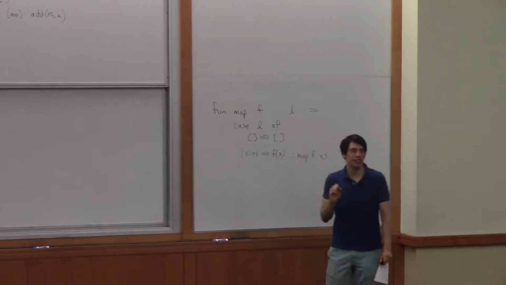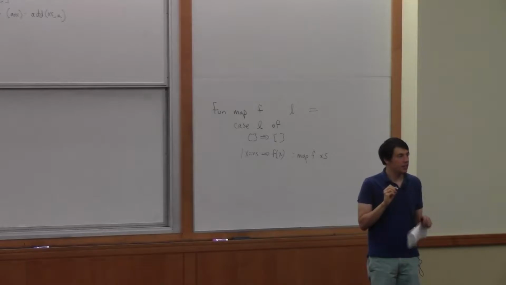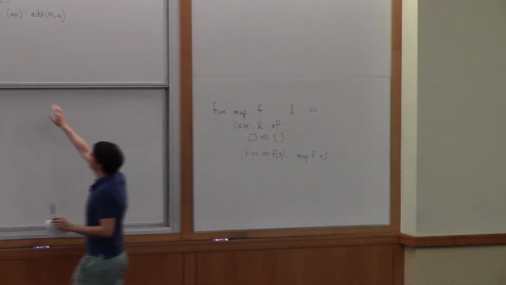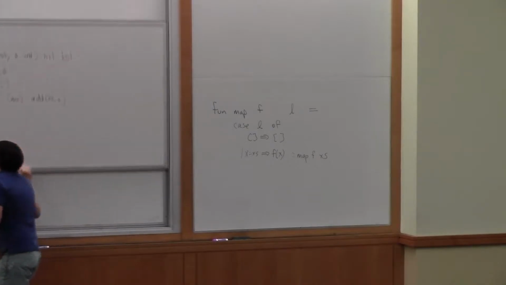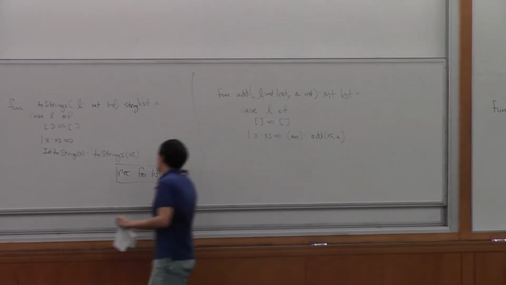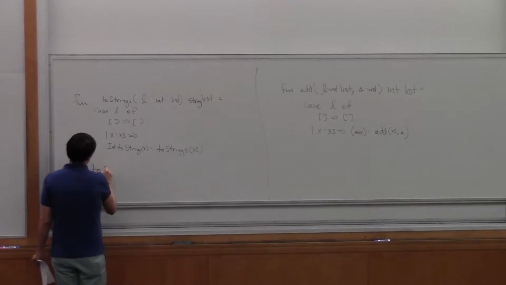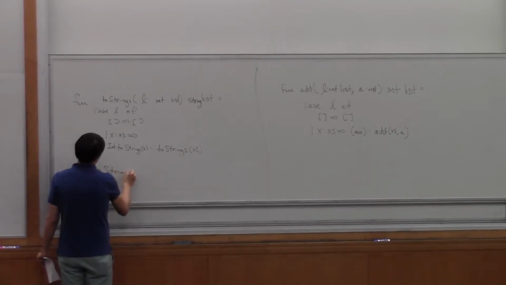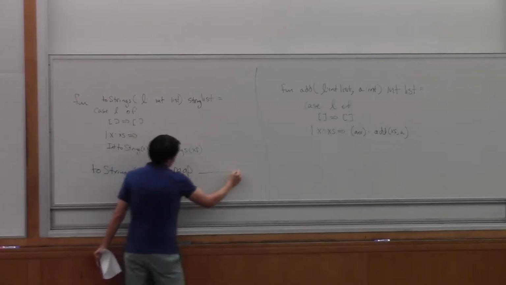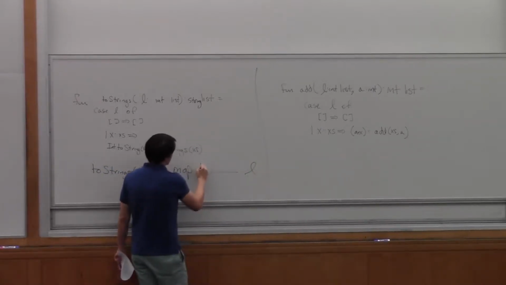Call f on it. Okay? So if we are to define this one as an instance of map, then what is it? toStrings of L is mapping something on L. What's the something?